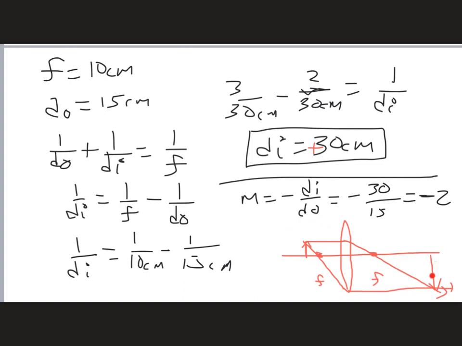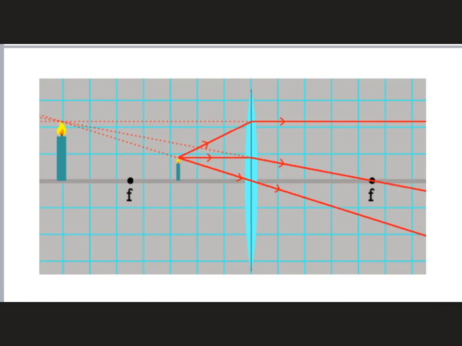So the image forms on the opposite side. That's what we expect with the lens. If the image forms over on the left side, we would expect the image distance to be negative, and that would give us an indication of how our ray diagram should look.